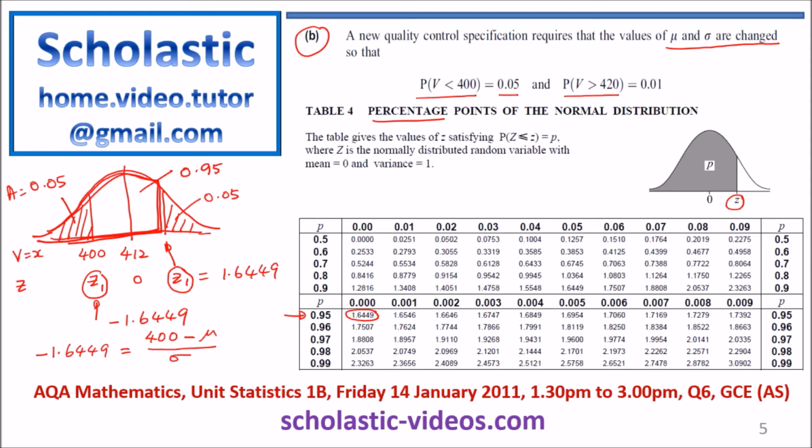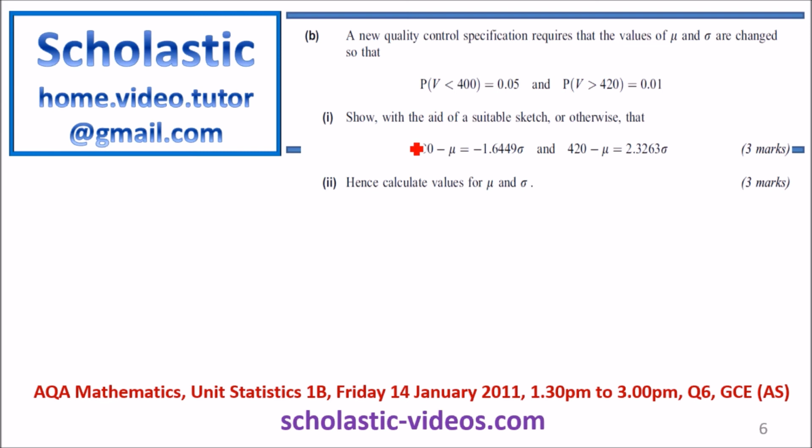So basically this mu and sigma are new, so that's why they have changed the value. So we got new mu and new sigma. If you cross multiply, so when you take sigma to this side, we get 400 minus mu is equal to minus 1.6449 sigma. That is the first equation that we have to show. That means we found this equation.